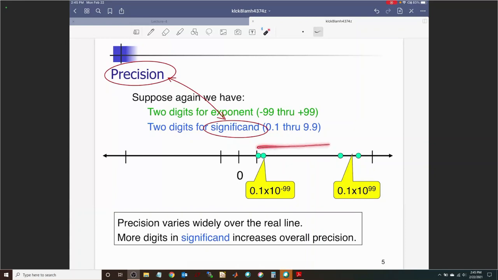It still varies on the real line, but it has improved, right? So if you want more precision, then you increase the number of digits associated with the significand field. All right, so I hope that you see the two aspects of representing numbers, range and precision, and which field controls the range and which field controls the precision.